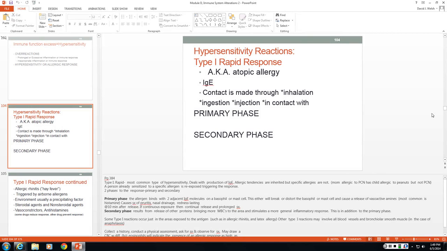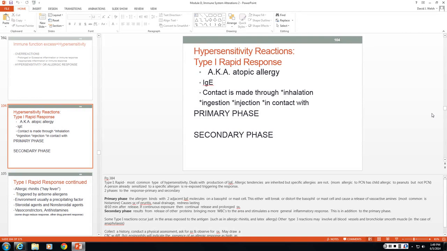The most common one is histamine, and this causes symptoms of pruritus, nasal drainage, and redness, lasting at least 10 minutes after release. If there's continuous exposure, then continual release and prolonged symptoms will occur.